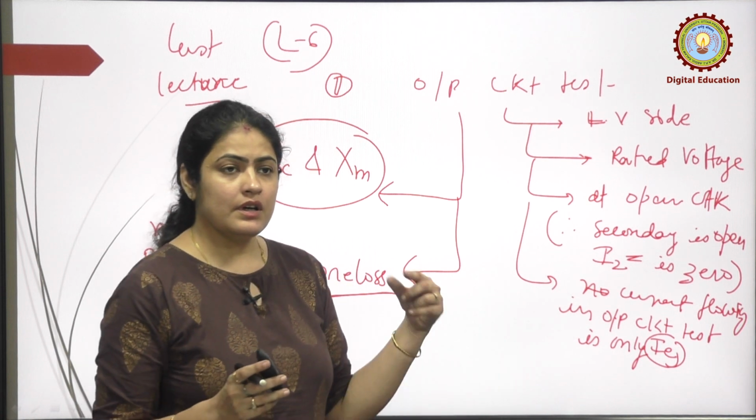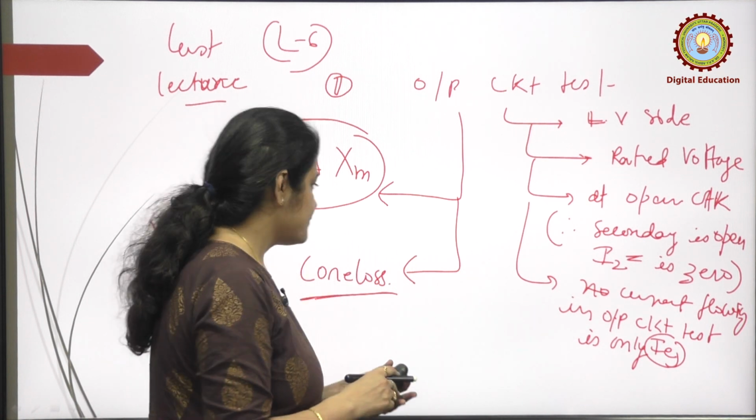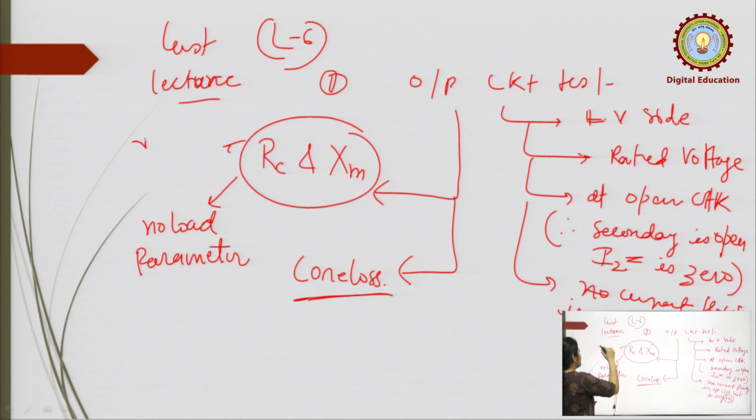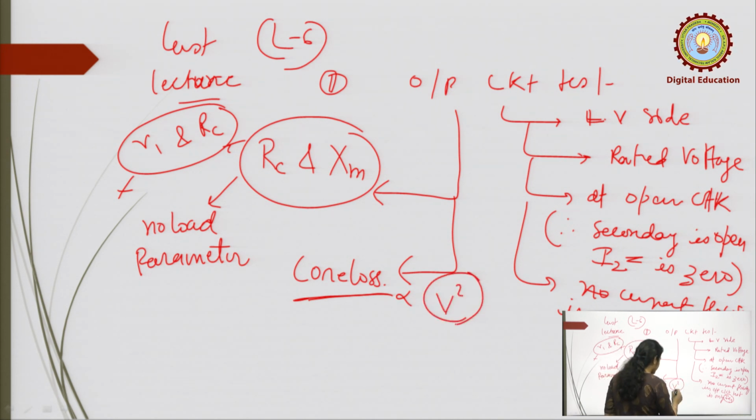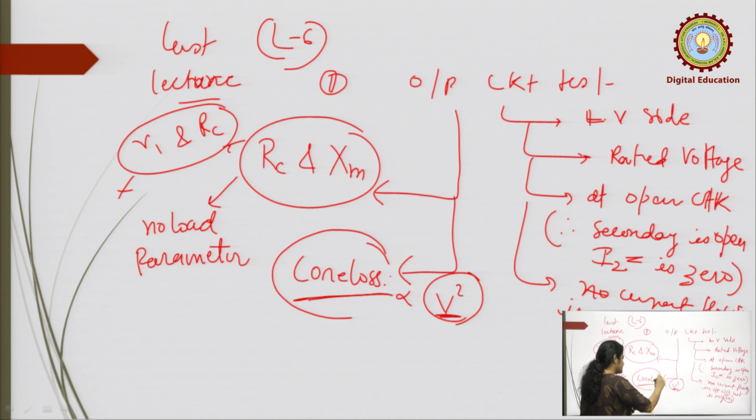So the I square R losses in R1 and RC are very small. It is performed at the rated voltage, and core losses depend upon the voltage square. So if it is performed at rated voltage, the I square R loss can be neglected compared with the core loss. So in the open circuit test we find RC and XM and the core loss.